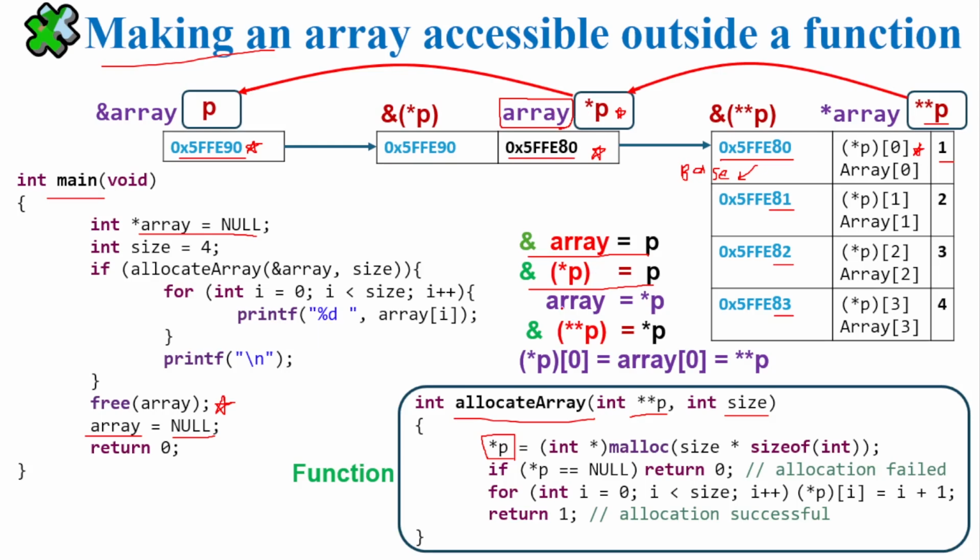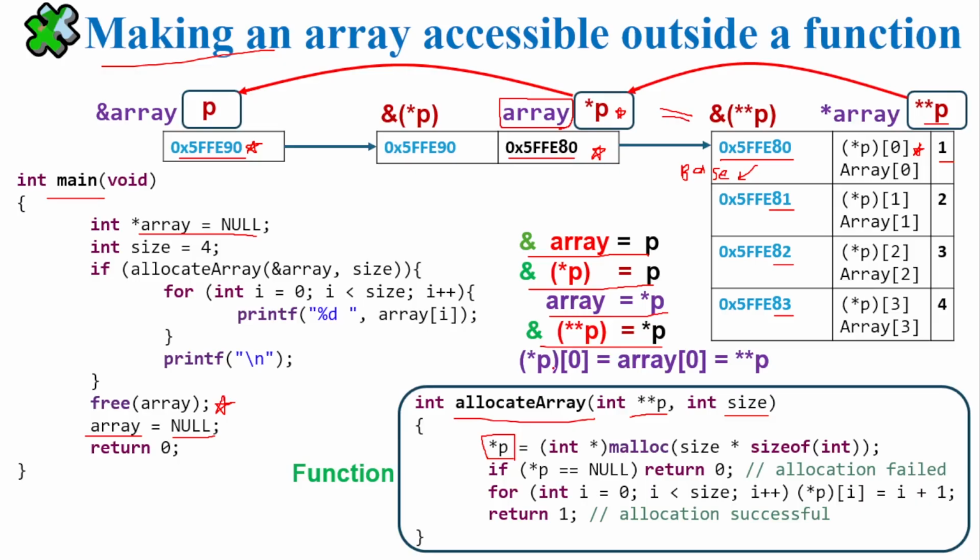The expression array == *p shows that the value inside p is exactly the pointer stored in array, so both of them point to the same memory region. Likewise, &**p == *p means that the address of the data accessed through **p is the same address stored in *p, that is, the starting address of the allocated array.